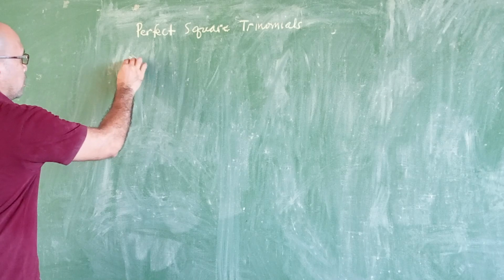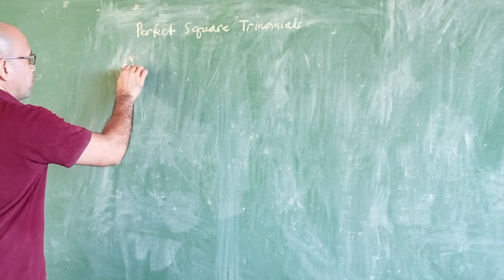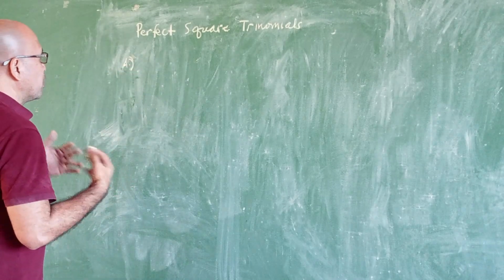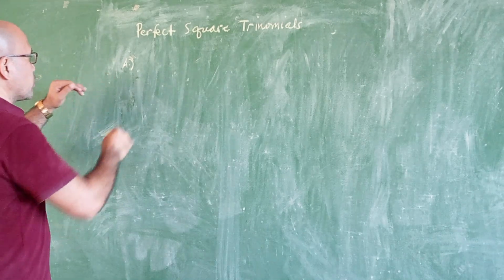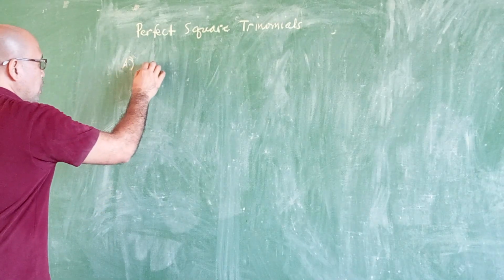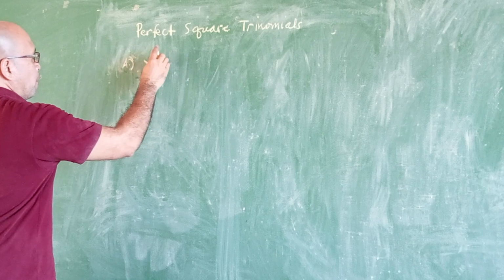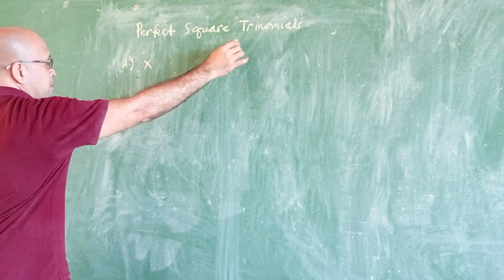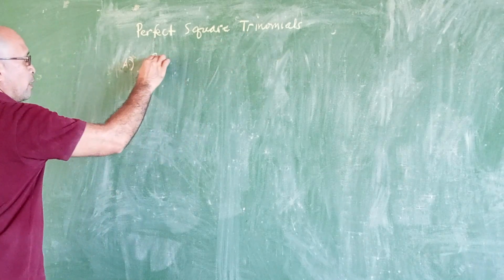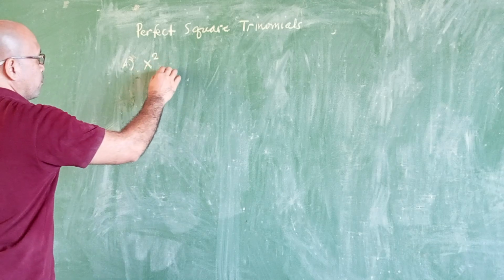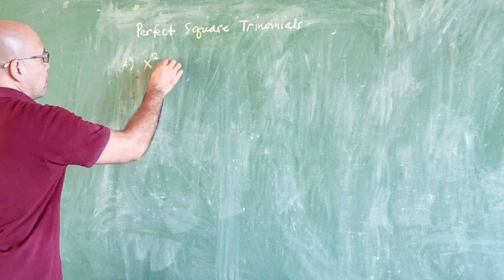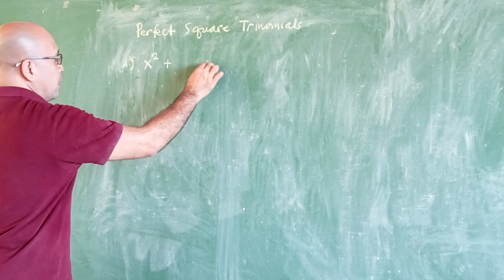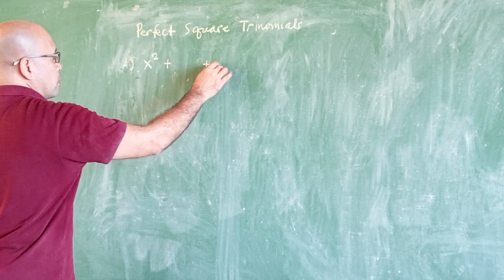Okay, the first one is the first type of perfect square trinomial. But before that, when we see perfect square trinomial, that means there are three terms involved because of the trinomial. And the first term is a perfect square, and the last term is also a perfect square.